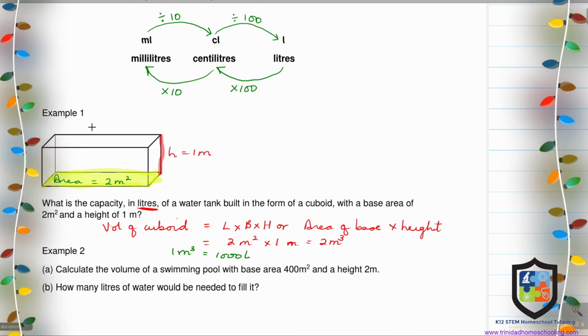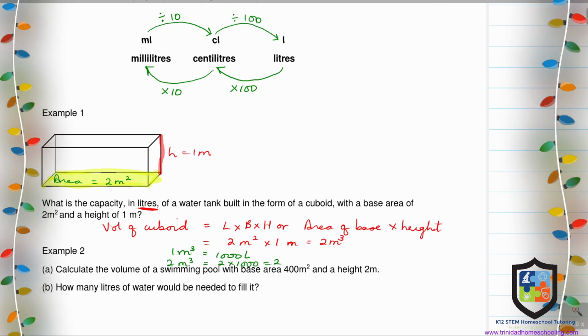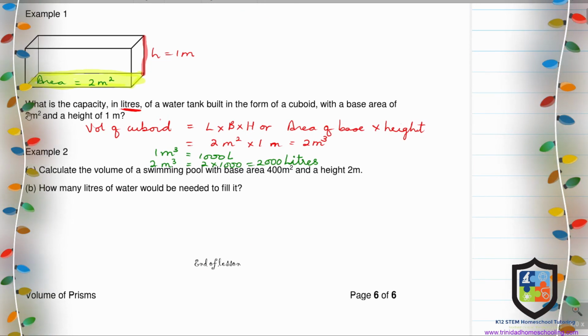So 2 meters cubed is going to give me 2 multiplied by 1,000, which is 2,000 liters. When the question asks for capacity, we usually put it in liters or milliliters or centiliters. Always look for what unit they're asking you for, and convert it.